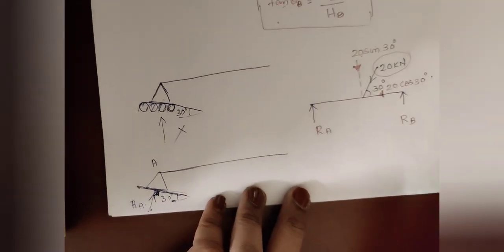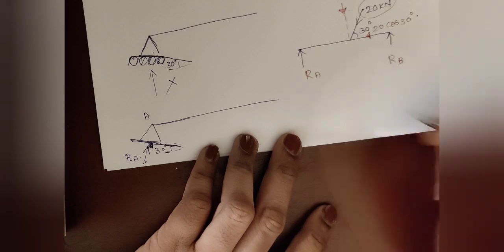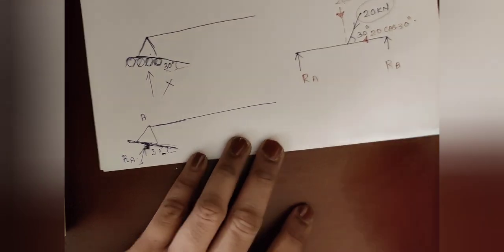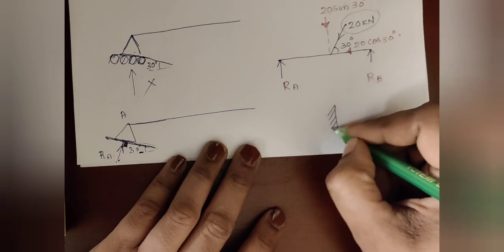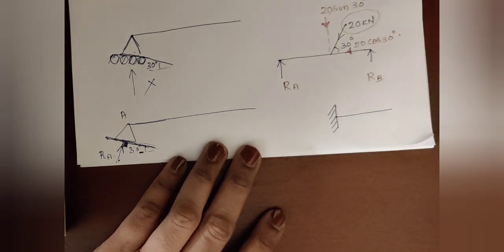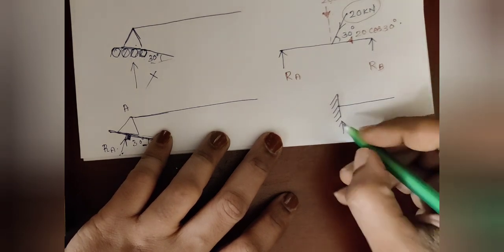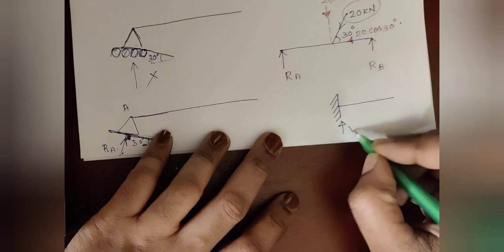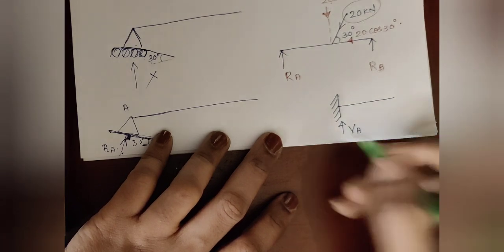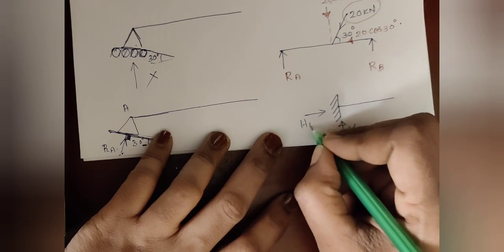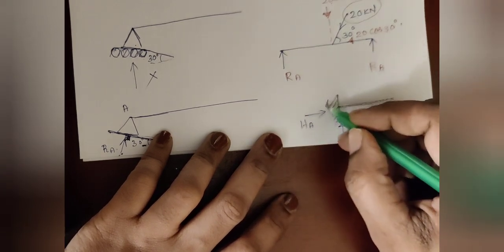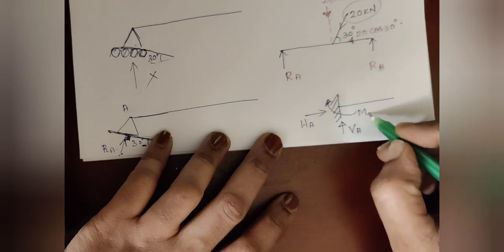So now the next type of support we have discussed is the fixed support. So this is the notation for the fixed support. Fixed support restricts the vertical motion, horizontal motion and rotation. So here the reactions developed at the fixed support are the vertical reaction VA, the horizontal reaction HA, and the moment, given the notation MA.